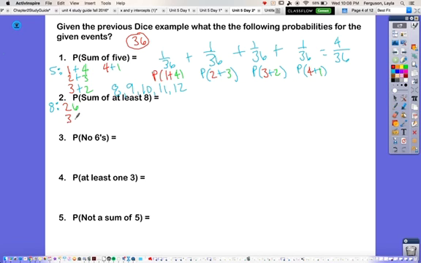I could do a 3 and a 5. I could do a 4 and a 4. I could do a 5 that's red, and then a green 3, and I could do a 6 that was red, and a green 2.